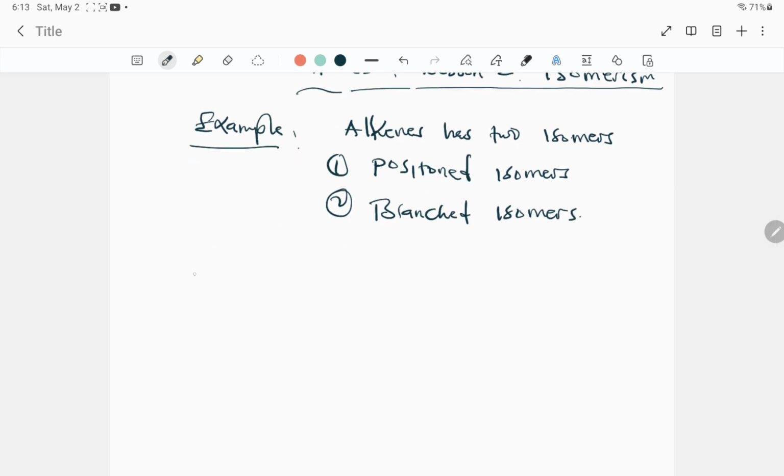So look at hexene. So hexene, so number 6. So say 1, 2, 3, 4, 5, 6.